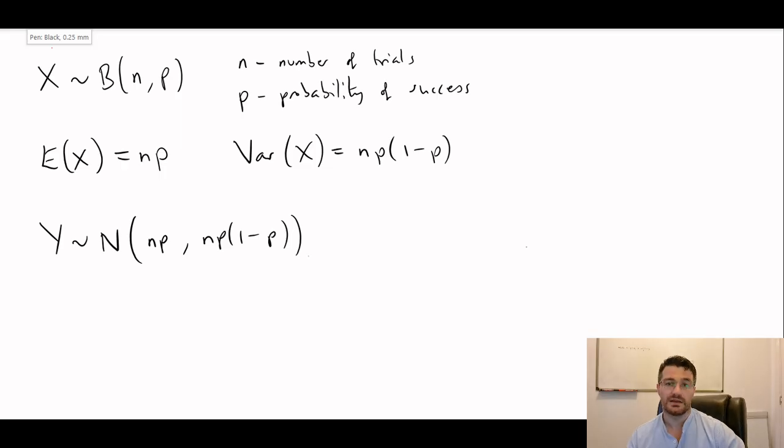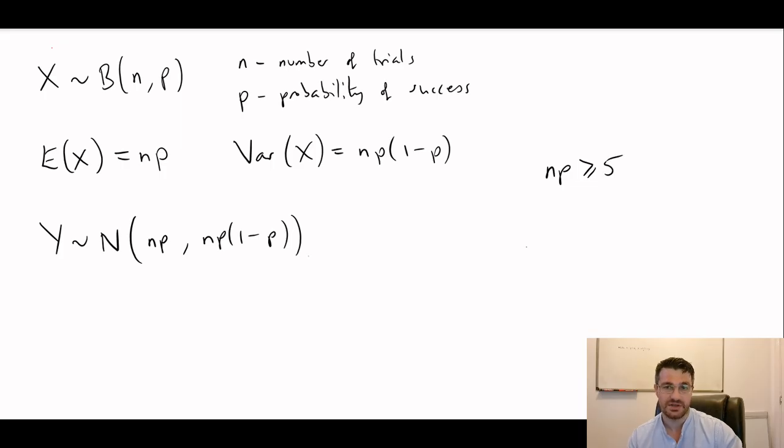It's going to be a hopelessly bad approximation, practically useless, but it's still an approximation. An approximation doesn't have to be good. We just do want some kind of resemblance between the approximation and the approximated thing. So we may choose np to be greater than or equal to 5.